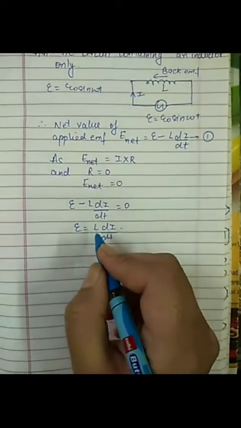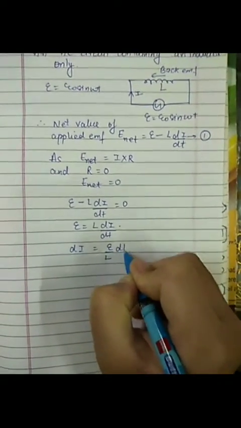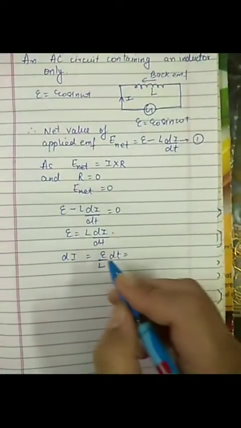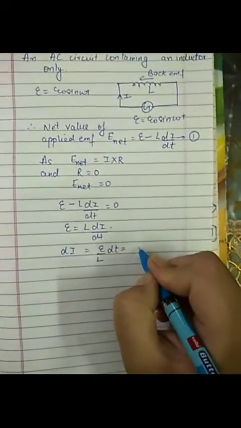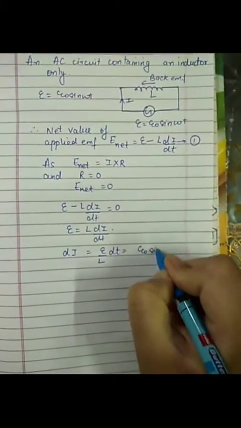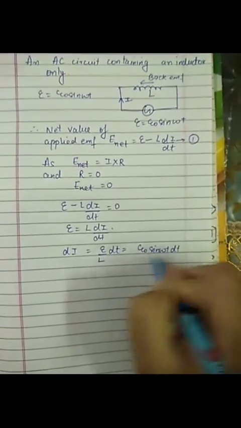From here we will get di equals epsilon upon L into dt. We can substitute the value of epsilon. We will get epsilon naught sine omega t dt upon L.